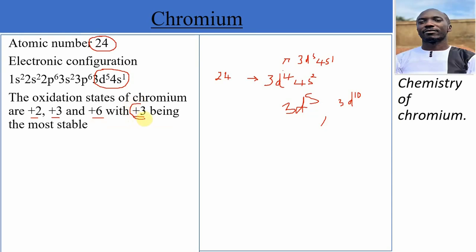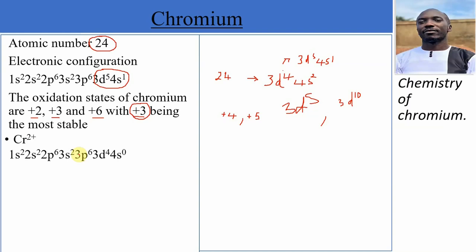We shall also find that most of the compounds of chromium are in +3 oxidation state. But don't forget that some books also show that it has oxidation state of +4 and also +5. But these are rare compounds, but it can also have such oxidation states.